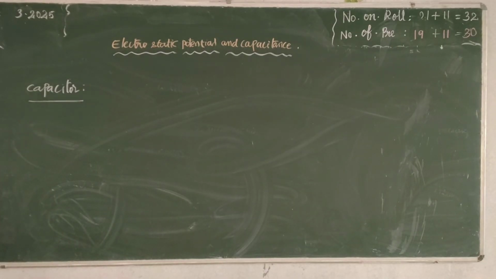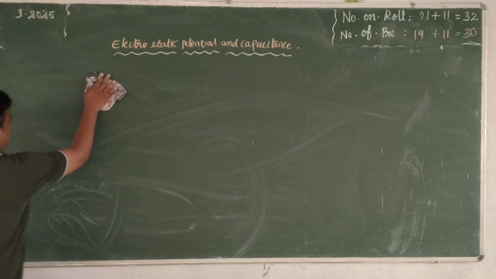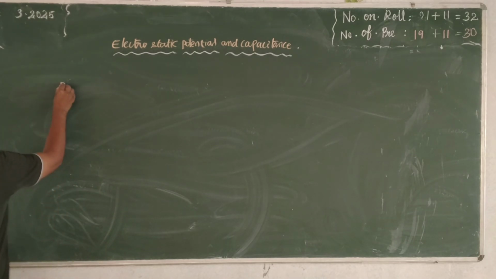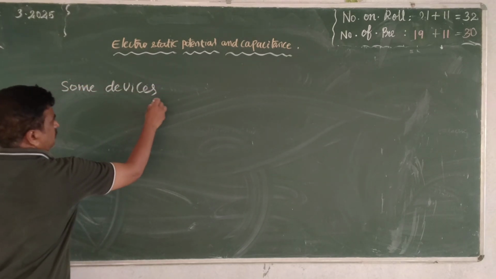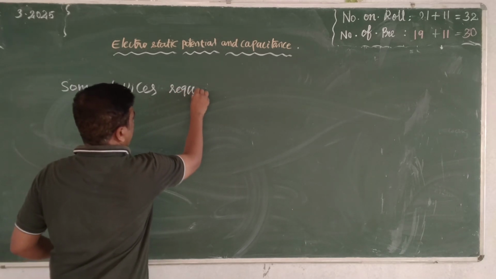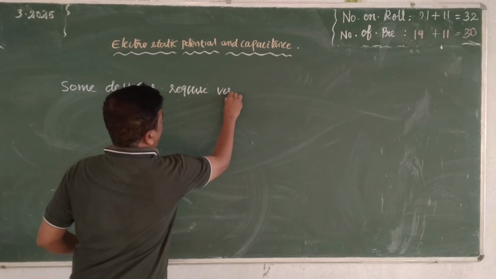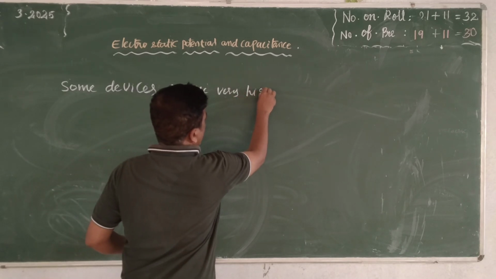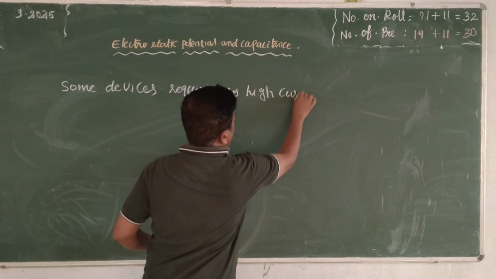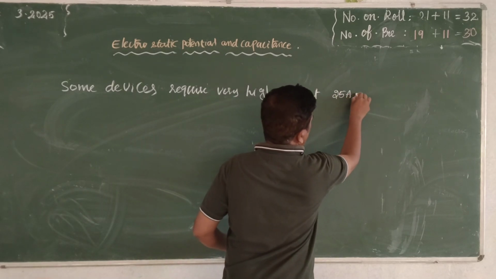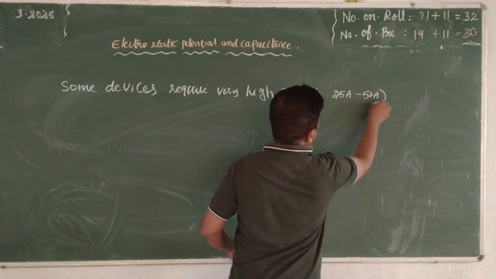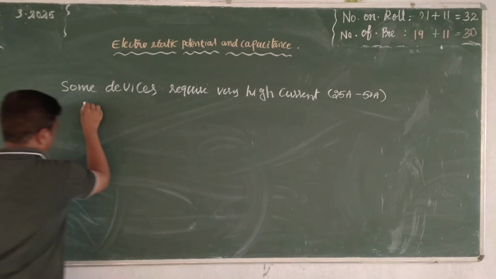See here, I write some basics. Some devices require very high current, so 25 to 50 amperes of current is required to start them.